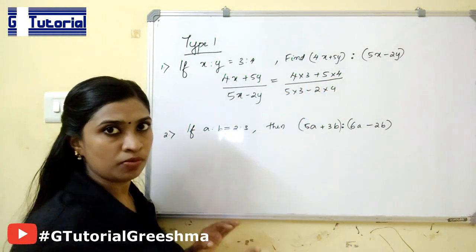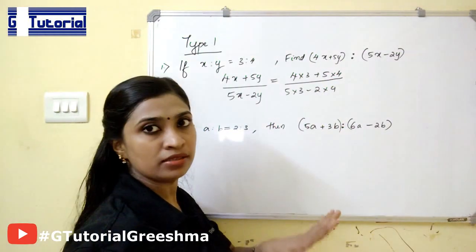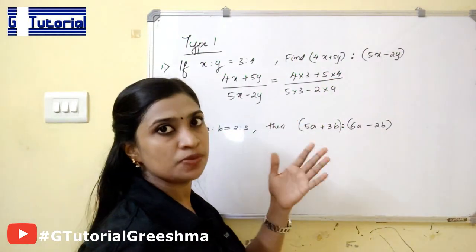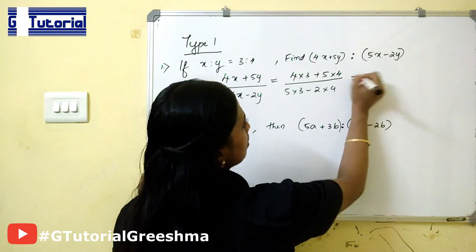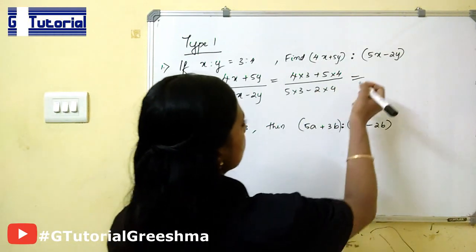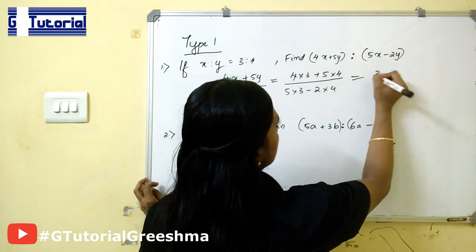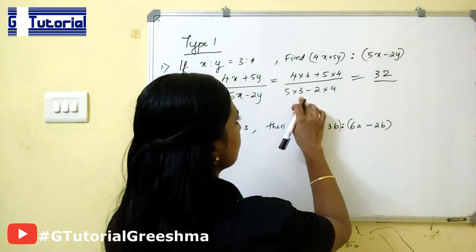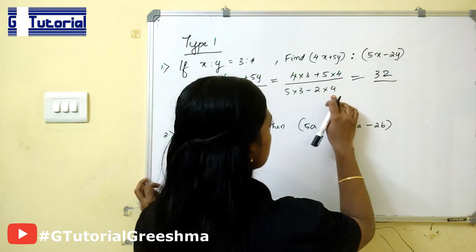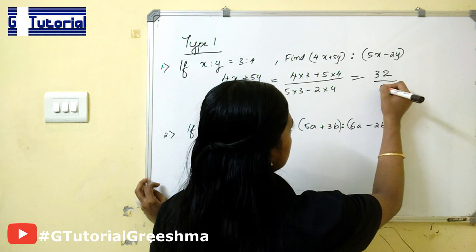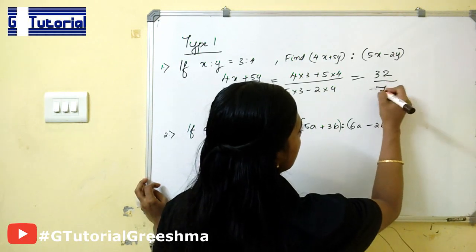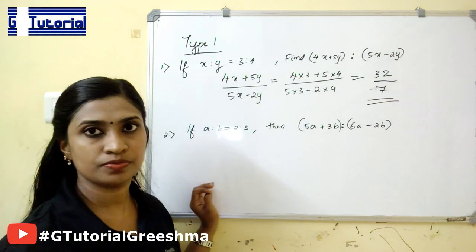When you are doing the problem, just do this calculation in mind. Steps consume time, so avoid writing steps. 12 plus 20 is 32, by 15 minus 8, which is 7. So 32 by 7 is the required ratio.